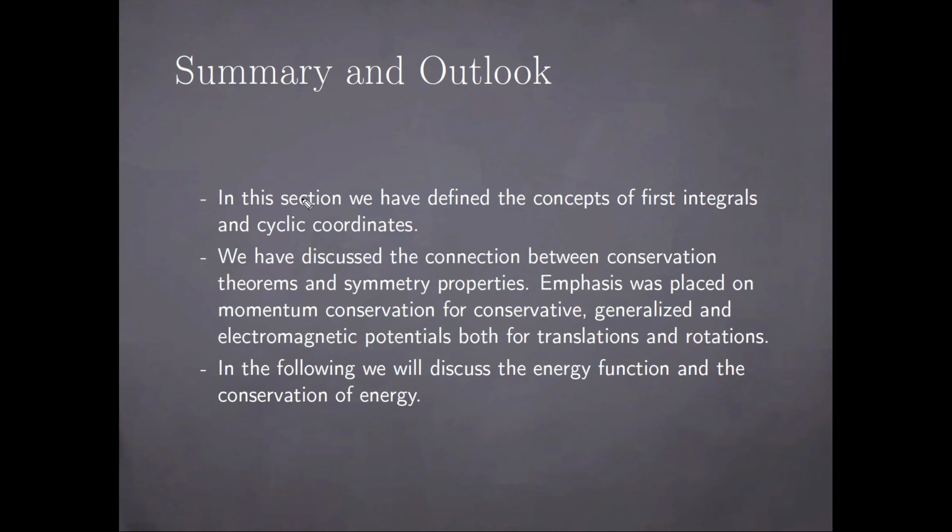In conclusion, in this section we have defined the concepts of first integrals and cyclic coordinates. We have discussed the connection between conservation theorems and symmetry properties. Emphasis was placed on momentum conservation for conservative, generalized, and electromagnetic potentials, both for translations and rotations. In the following, we will discuss the energy function and the conservation of energy.